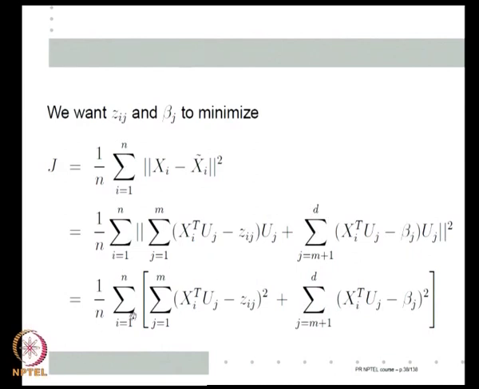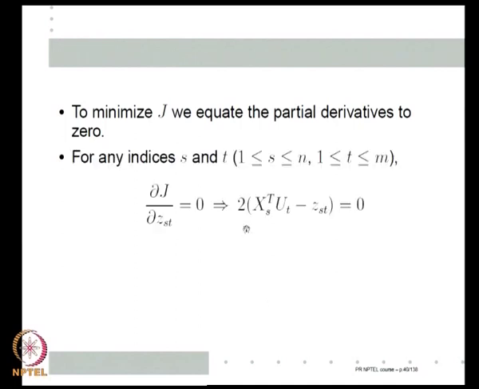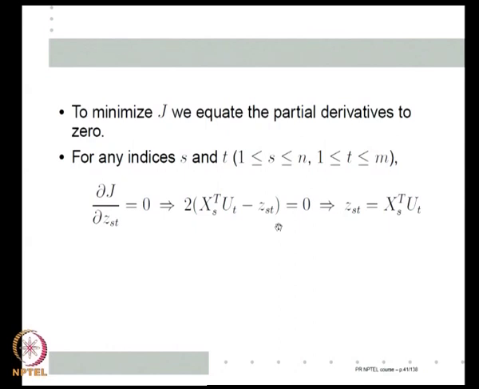That happens when i takes the value s and j takes the value t, and that term is xs transpose ut minus zst whole square. If I differentiate that, I will get 2 into xs transpose ut minus zst, equated to 0. So, what does that give me? That gives me zst is xs transpose ut. So, zij is xi transpose uj.